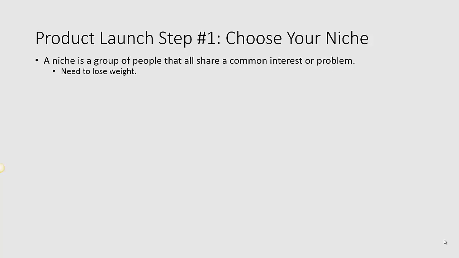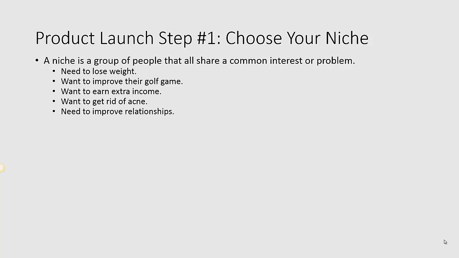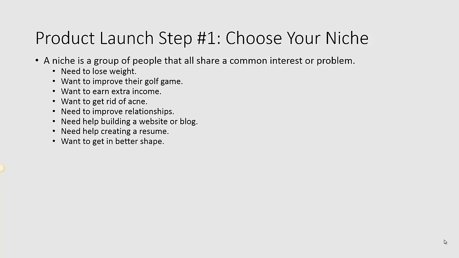So here are some examples. People might have a need to lose weight. You don't have to use these examples, they're just examples. People want to improve their golf game, earn extra income, get rid of acne, improve relationships, get help building a website or blog, get help creating a resume, or get in better shape, like fitness and workout training.